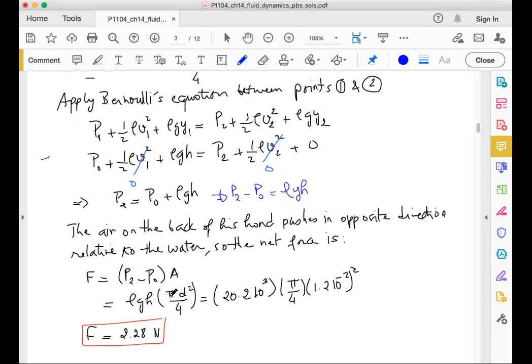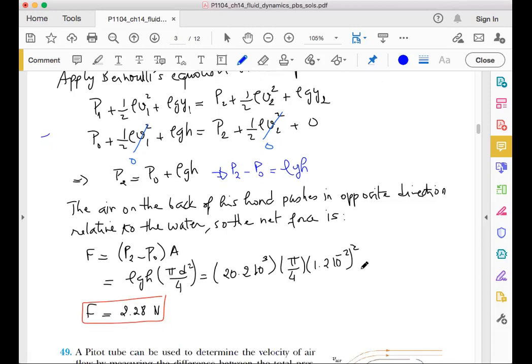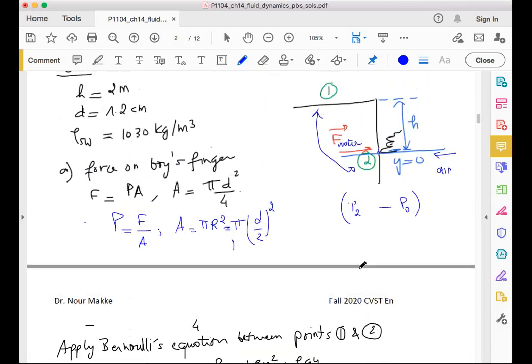And A we have already written: it's pi d squared divided by 4, where d is the diameter of the hole. We replace each term by its value, so we end up with this value of the force. So the finger of the buoy is experiencing a net force of 2.28 Newton. So this is it for the first question.